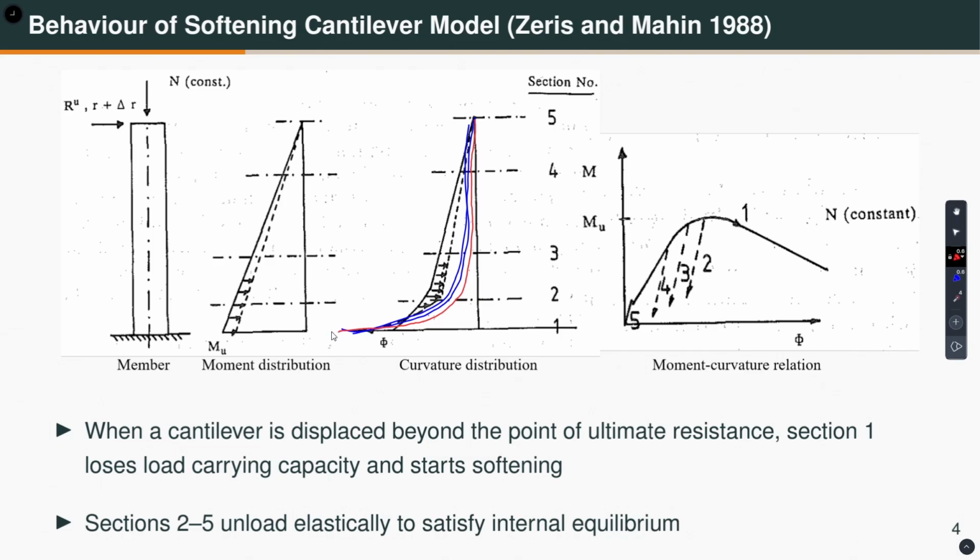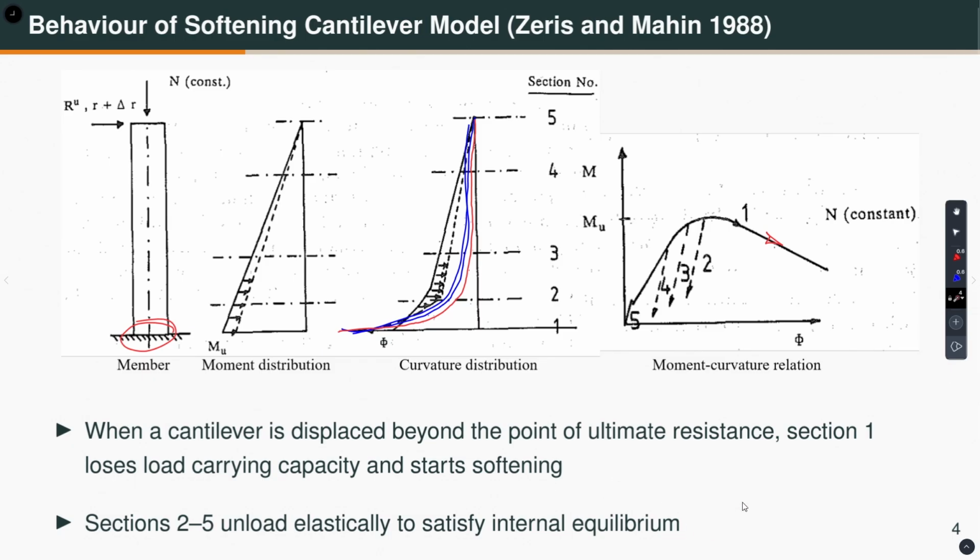It will keep on increasing at the bottom cross section. So, we are moving along this direction, whereas all other sections will keep on unloading elastically. So, what is happening, that you have a curvature distribution which is pretty much linear up to this point, and then it increases significantly. Okay. So, that is what I stated here.